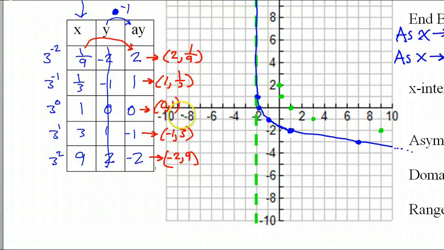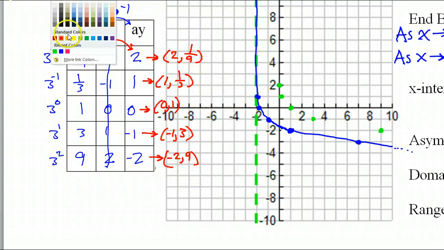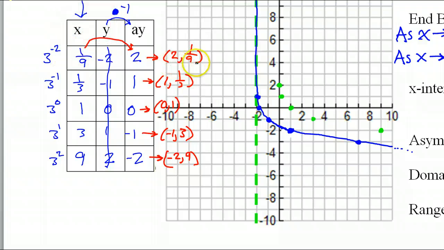So these red values are the ones I'm going to graph for the skeleton function, the parent function. So (2, 1/9), so over 2 and up almost nothing. Now (1, 1/3), so over 1 and up just a little bit.